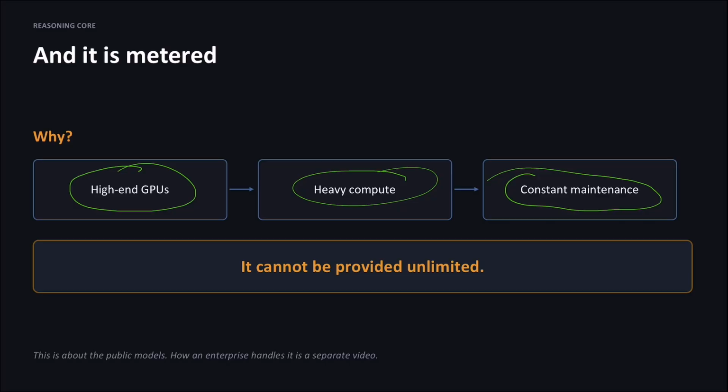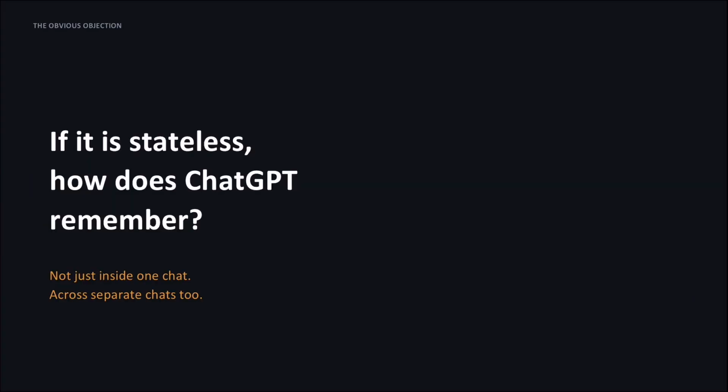It cannot be provided unlimited, right? This is where, when you go into a chat window and you keep on chatting question after question in the same window, after some time it says that you are about to exhaust your limit of tokens, or you have exhausted your limit, right? So that is the reason the reasoning core is always metered.